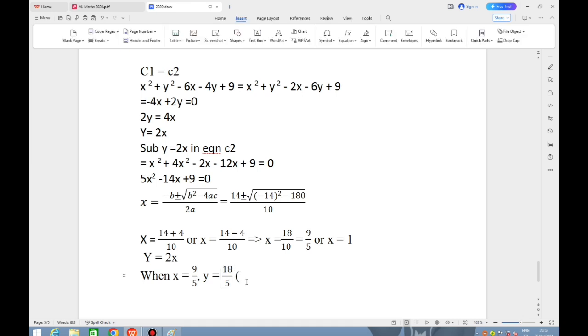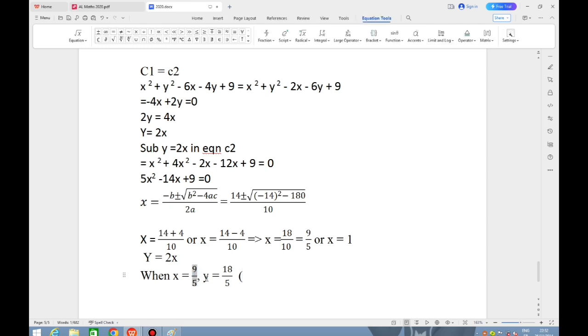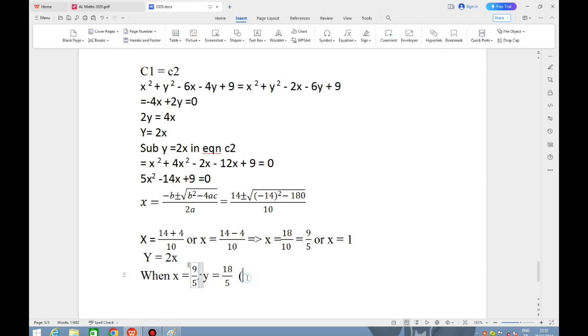So that's the first point of intersection, which is x is 9 on 5 and y is 18 on 5.